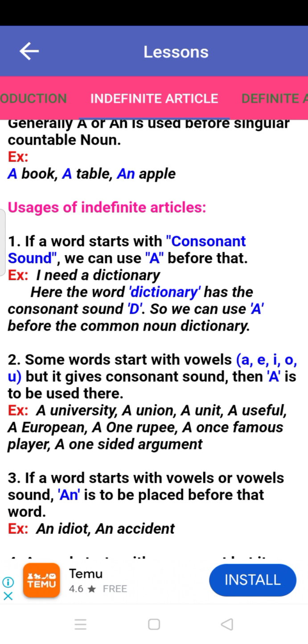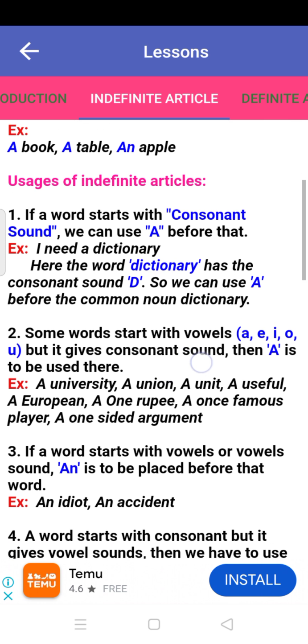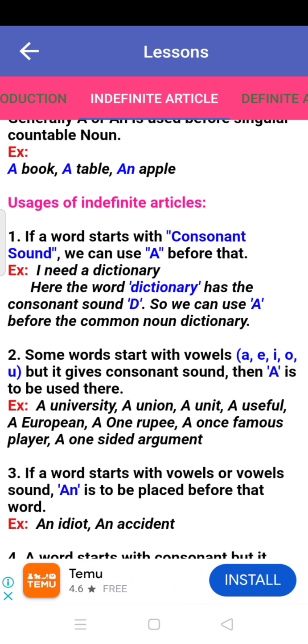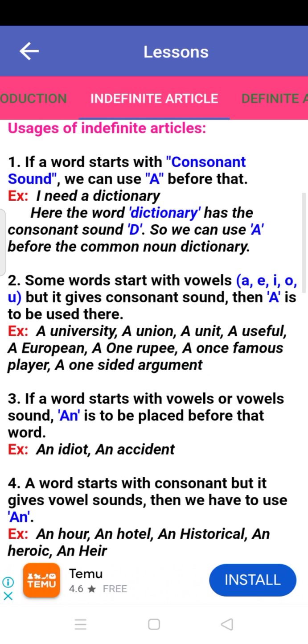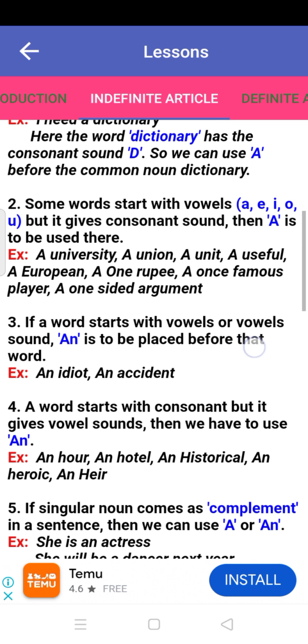Usages of indefinite articles. If a word starts with a consonant sound, we can use a before that. Example, I need a dictionary. Here the word dictionary has the consonant sound D, so we can use a before the common noun dictionary. Some words start with vowels a, e, i, o, u, but give a consonant sound.